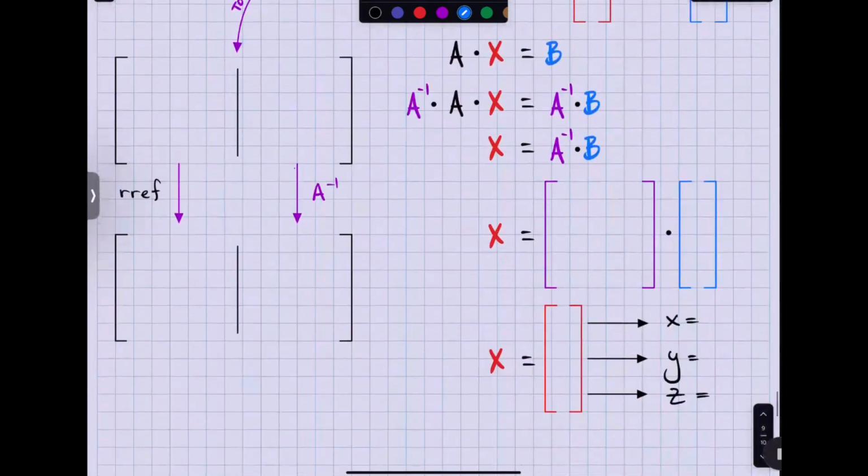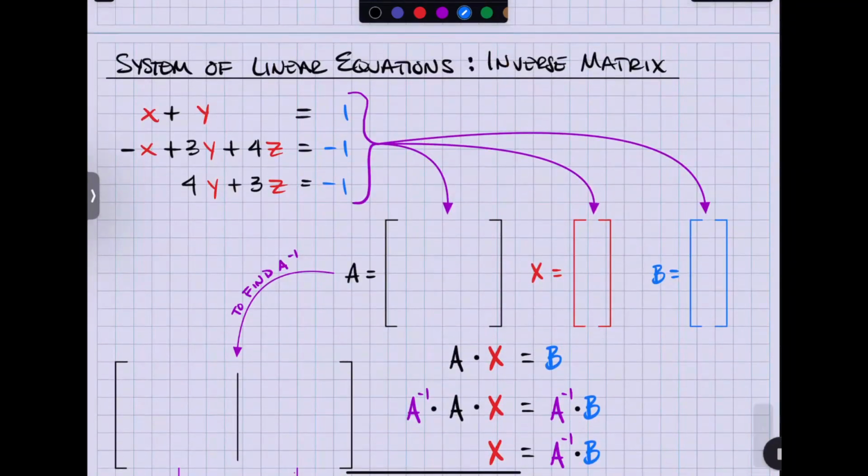So if we were to use the inverse matrix to solve our equations with 3 unknowns, remember how we converted this into matrices?